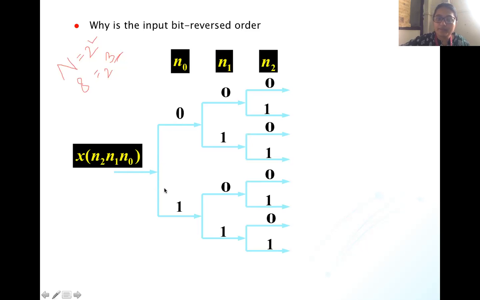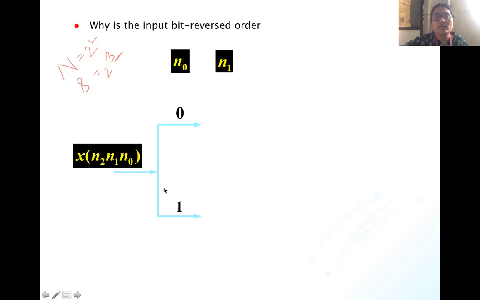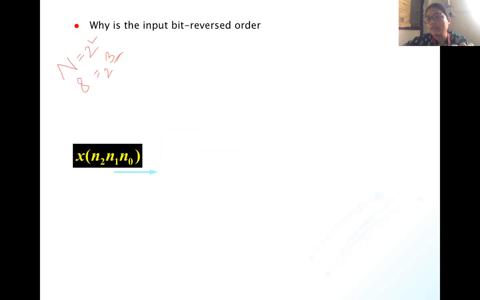So the first stage I will represent here. At the start, I have these 8-point DFT values. So 8 different values I have. In the first stage, I'm going to divide this into 2 parts. A half part means 4 values in one part and 4 values in the second part.